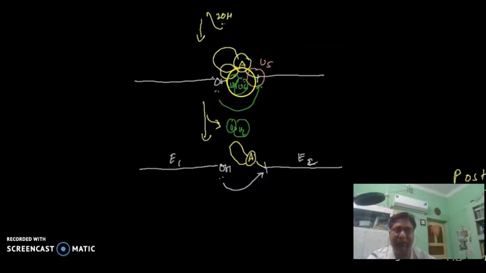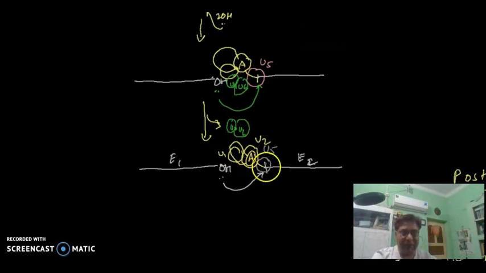Other proteins, this U5 is associated with this. U5, U2 and U1 are still associated with the lariat. U4 and U6 have been released.